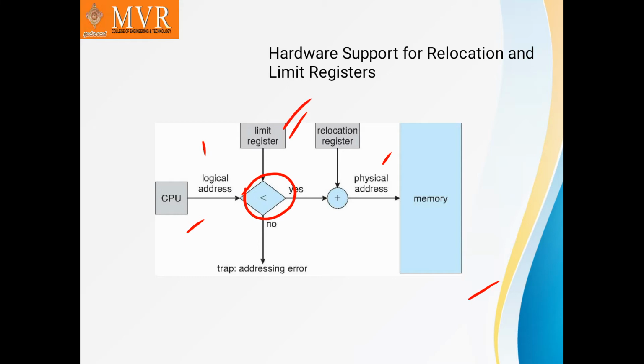So the range is calculated from the limit register, and if it is less than the limit, then it will be moved on to the physical address. If it is not less than, then it is an address error, and it is trapped. Otherwise, the relocation register is added to give the physical address. Then the data is transmitted from memory at the physical address.